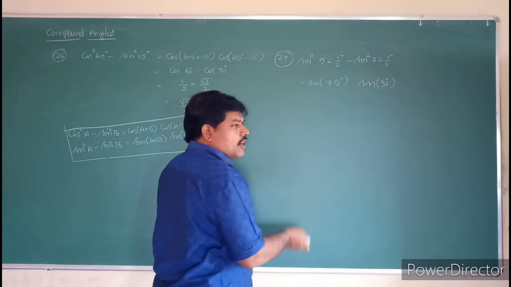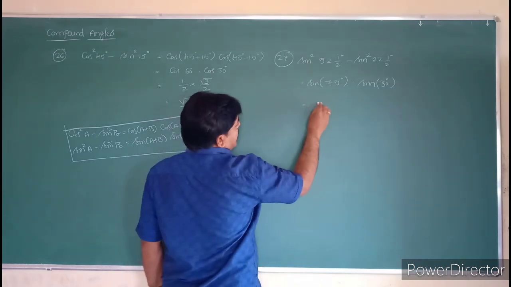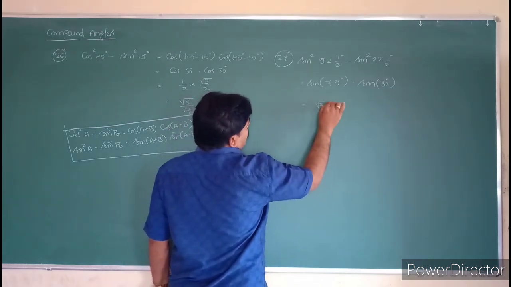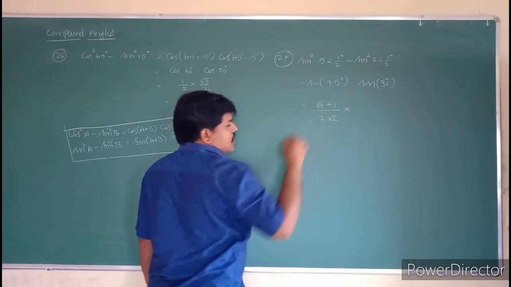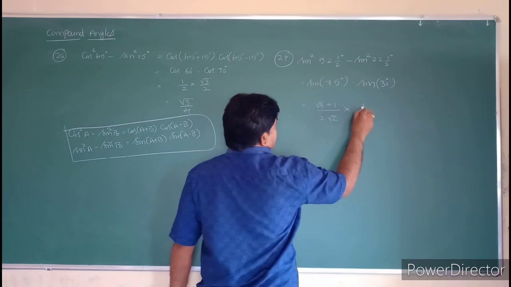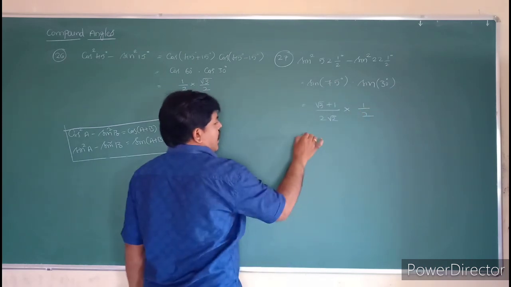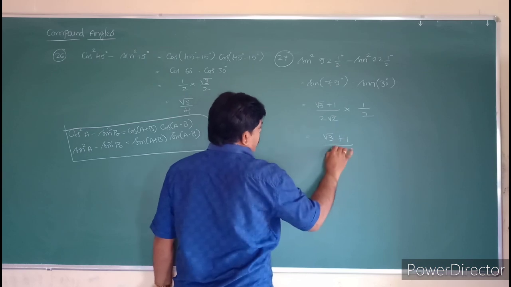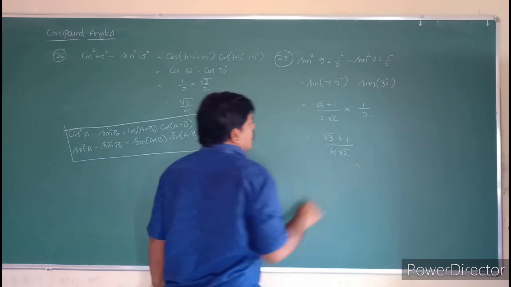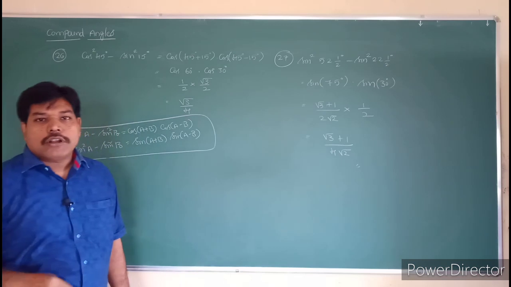Sin 75 is nothing but cos 15. Cos 15 value is root 3 plus 1 by 2 root 2, into sin 30. Sin 30 is 1 by 2. So it will become root 3 plus 1 by 4 root 2.